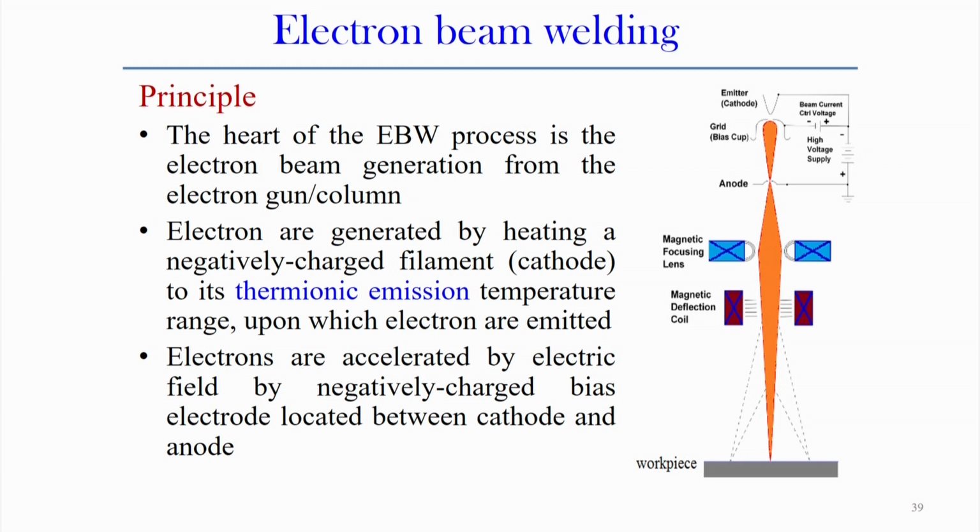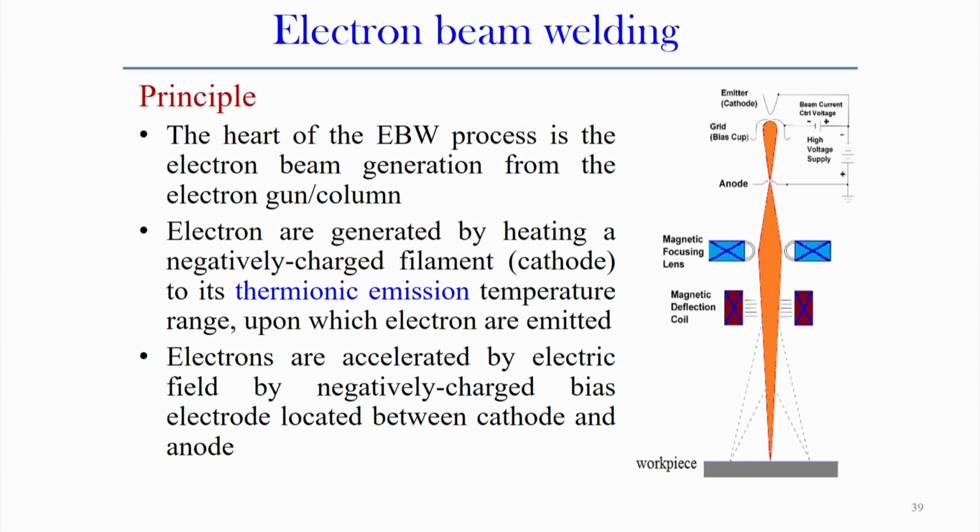Second, electrons are generated by heating a negatively charged filament to a certain temperature, the thermionic emission temperature. At that temperature range, electrons are emitted.